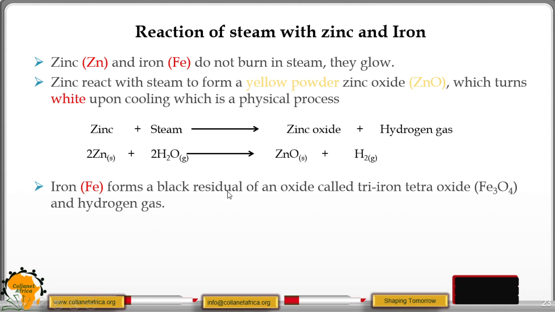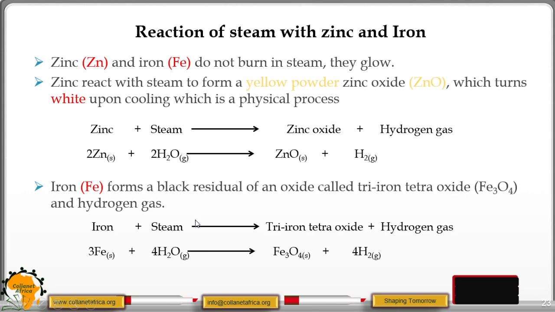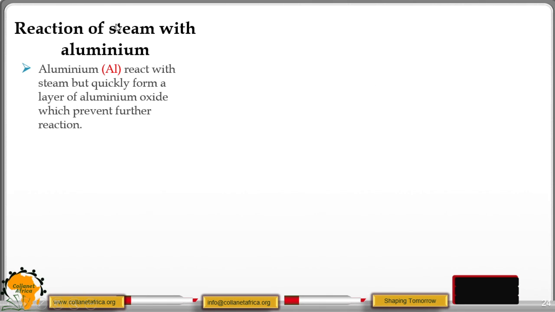Then iron forms a black residue of an oxide called triiron tetraoxide and hydrogen gas. And this is the word equation: iron plus steam gives triiron tetraoxide plus hydrogen gas. That is the chemical equation. Then reaction of steam with aluminium.